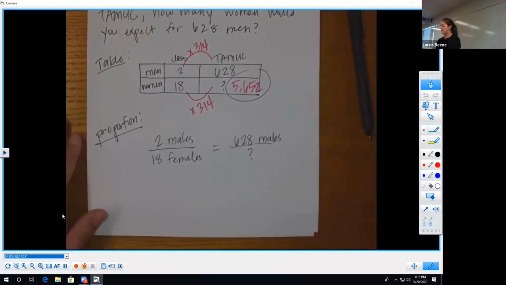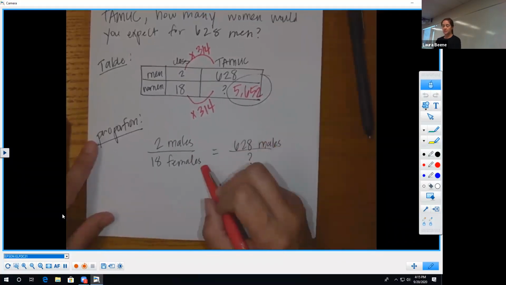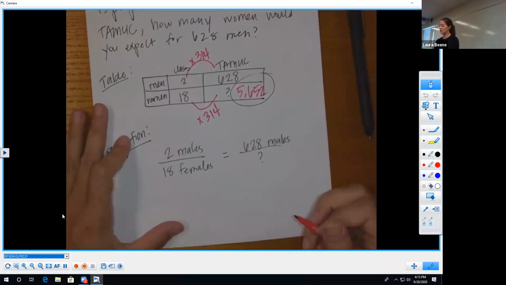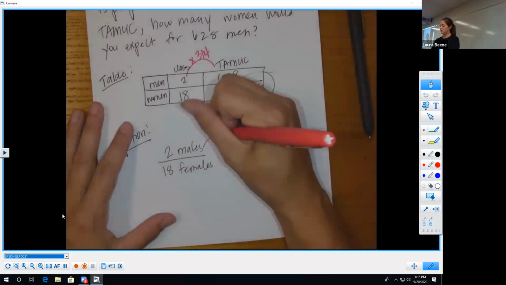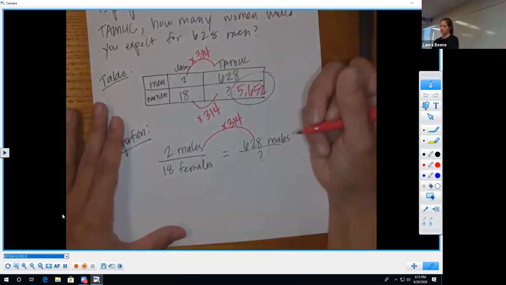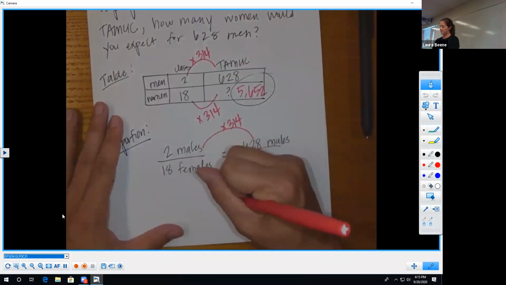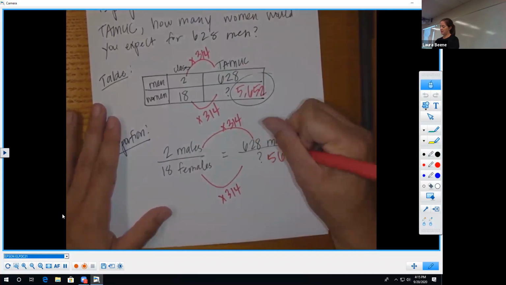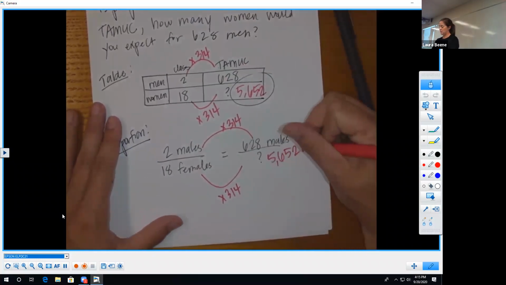Okay. And again, if you put an X here, you could cross multiply and solve. But again, remember, these students haven't quite learned algebra at this point. So we're going to use proportional reasoning. 2 times what gives me 628? Well, 2 times 314. So do the same thing on the bottom. 18 times 314 is, again, the same number, 5,652 females.